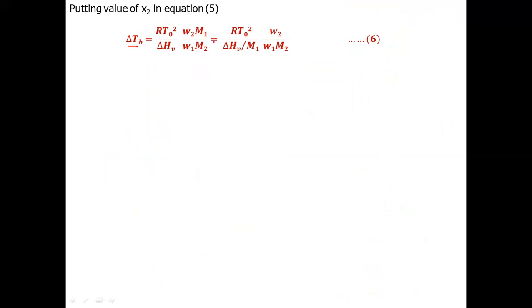So we can rearrange it a little to RT naught square divided by delta HV divided by M1. We have taken this M1 here, multiplied by W2 divided by W1 M2.